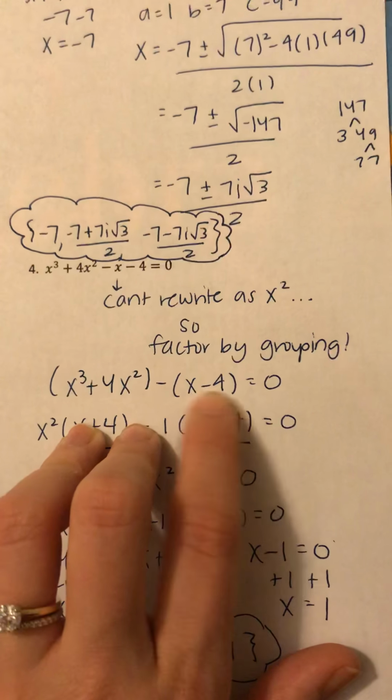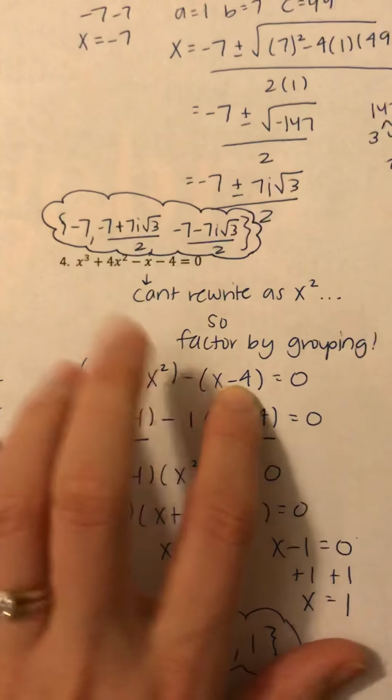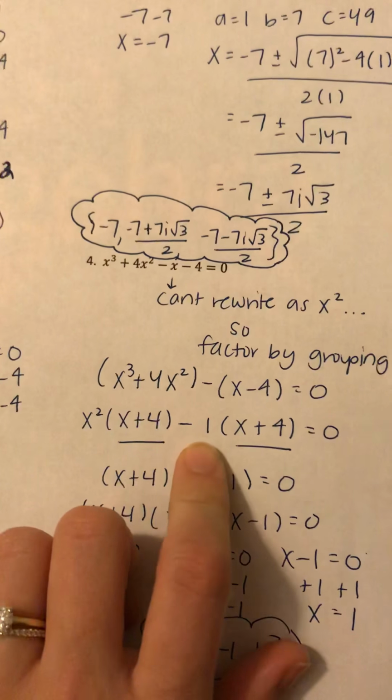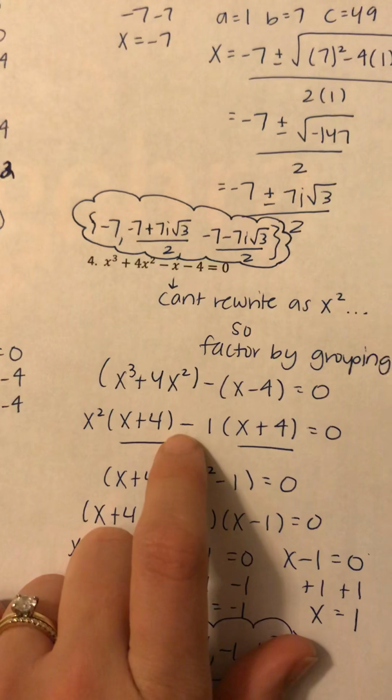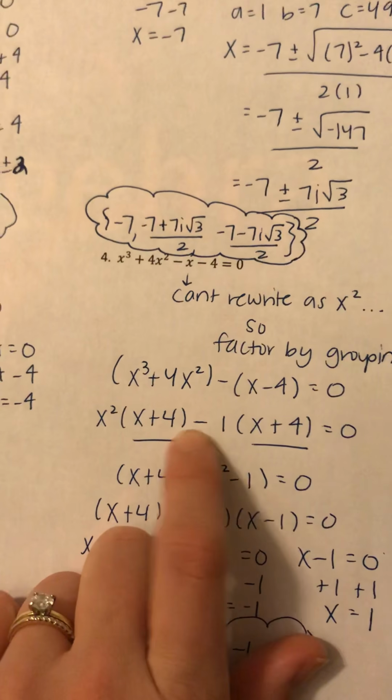Back here, there's no GCF, right? Just 1. So you bring down the sign and you factor out a 1. But you're really dividing by -1 because it's minus. So when you factor out a -1, this is what you get, x plus 4. Notice these are the same. So that's GCF number 1, GCF number 2. This is GCF number 3. So I'm going to factor that out.